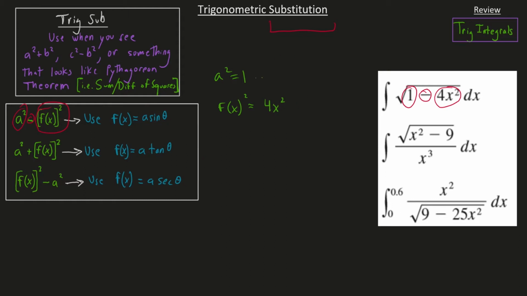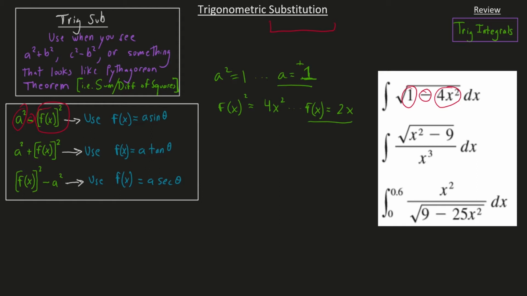Well, if I do the radical of both sides, a is just going to equal 1. And just use the positive option, just positive 1. And if I do the radical of both sides for this equation, I get my function f will just equal 2x.